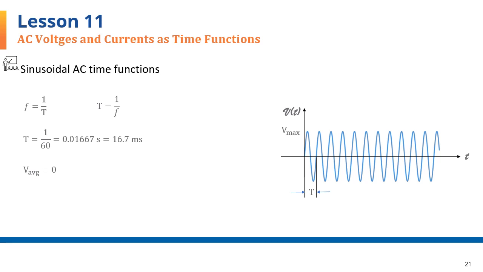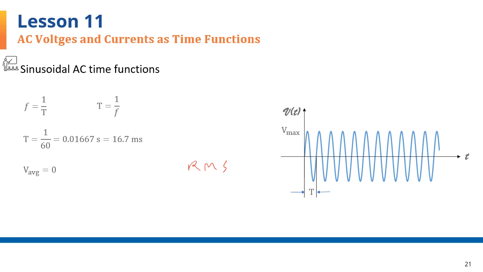The RMS, or effective value of a sinusoidal voltage or current, is the magnitude of a DC voltage or current that, when applied to a resistor, will deliver the same power to it that the AC voltage or current under consideration would.